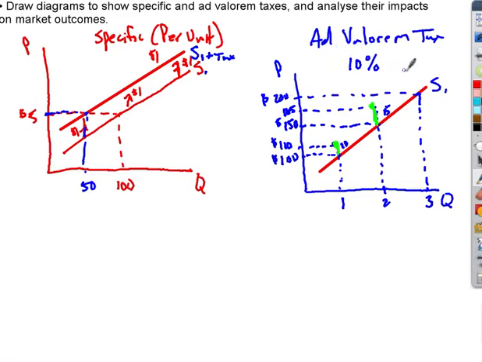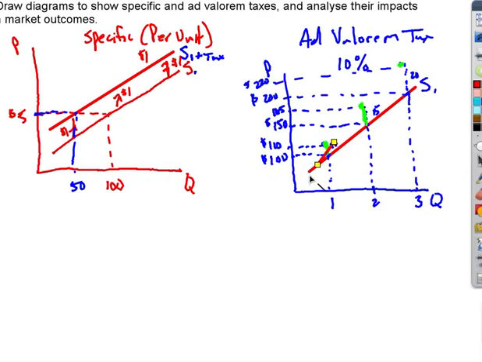You'd say 10% of 200 is 20, and so this needs to go up by a factor of 20. All right, so that'll come over, and so that's 220. So that dot would be there. Now what we want to do is connect the dots. Let me get a green line here. So it should look something like that.